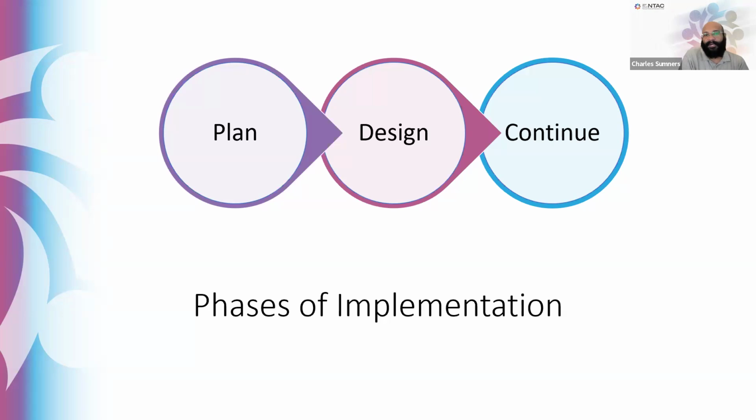So when we talk about 21st C programs, we talk about three phases for implementing those programs once you get that grant. Those phases are the planning phase, the designing phase, and the continuing phase.